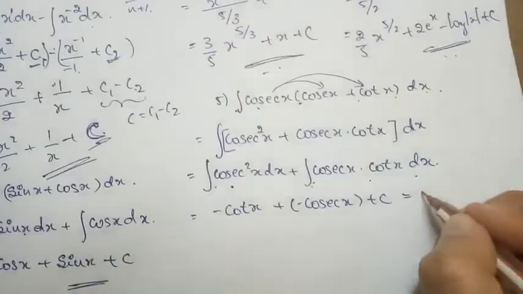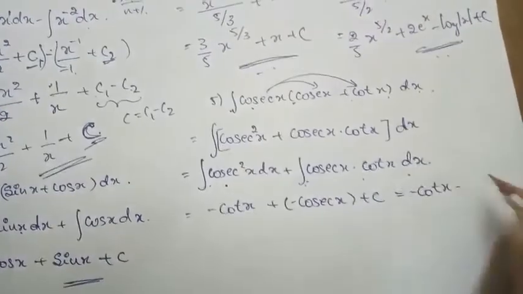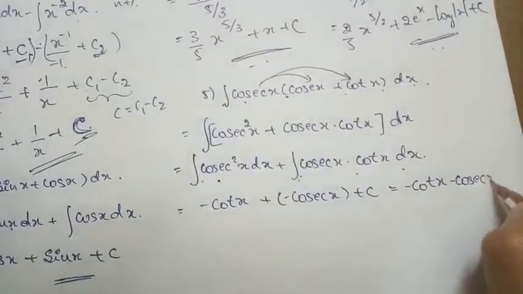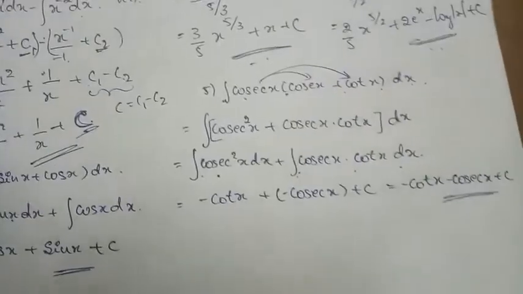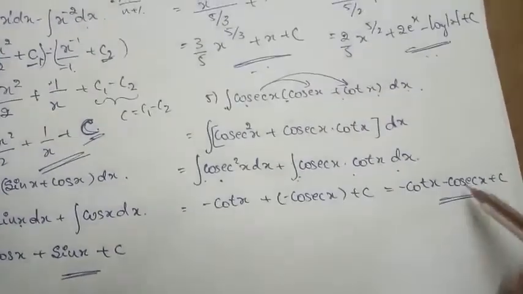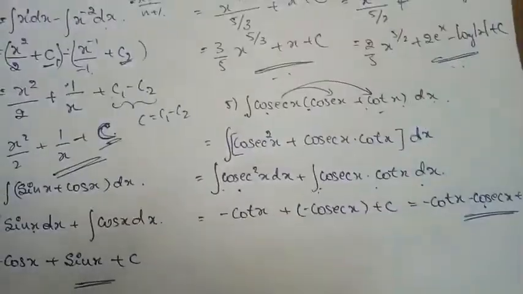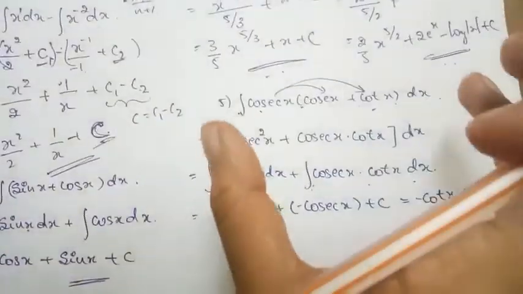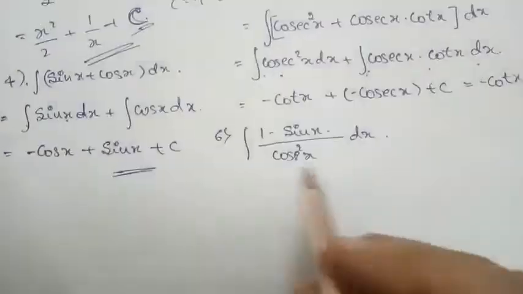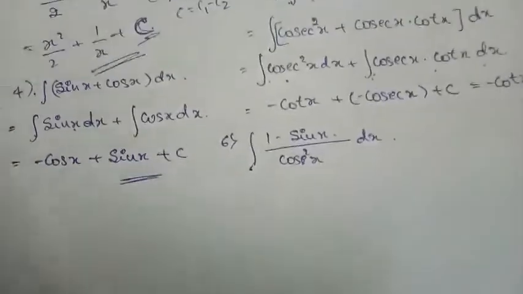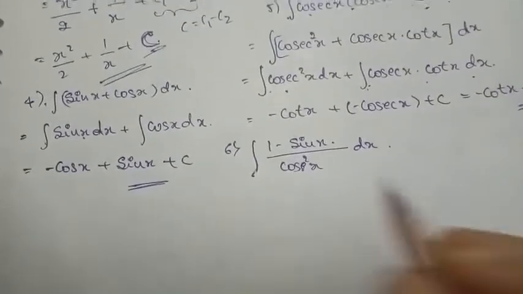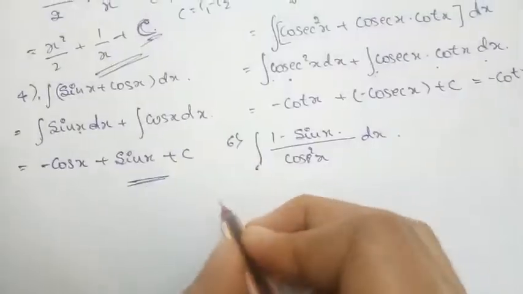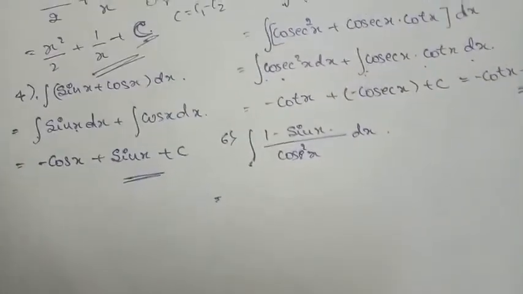So I can write it as minus cot x minus cosecant x plus c. So this is the integral of the given integrand. The next function is integration of 1 minus sin x divided by cos square x dx. I need to find the integral of this function.